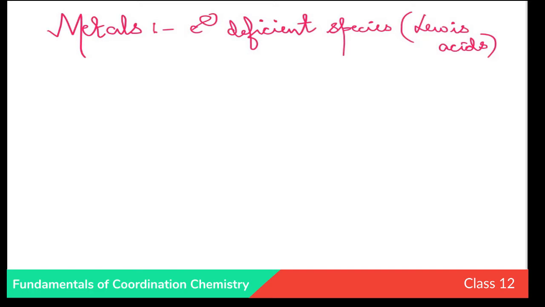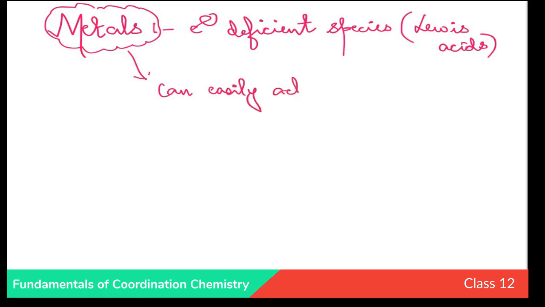Now, why have metals been chosen and not a non-metal? The reason being, metals can easily achieve their octet configuration, which is why metals have been chosen to be the central species during the formation of a coordinate bond.